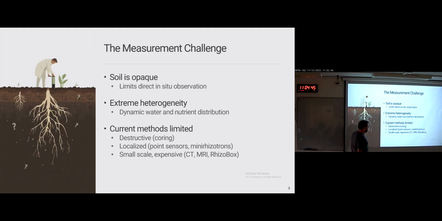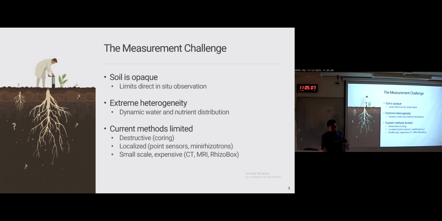We can also install sensors in the soil to monitor, for example, water content or other properties. We can install cameras to look at roots, but those methods are localized, so we can get local information, but we cannot see the huge heterogeneity.